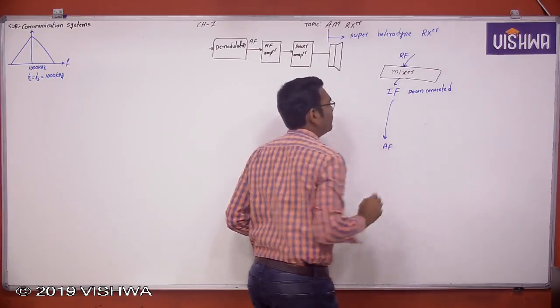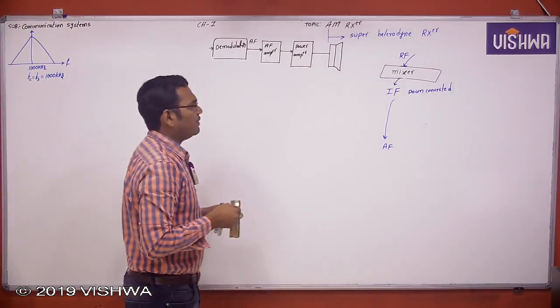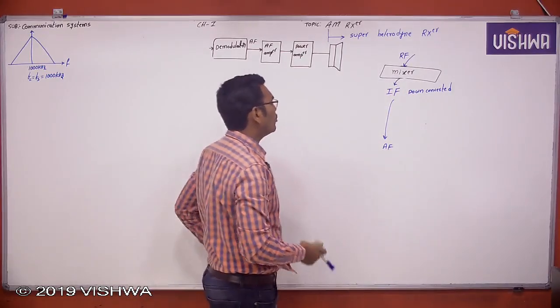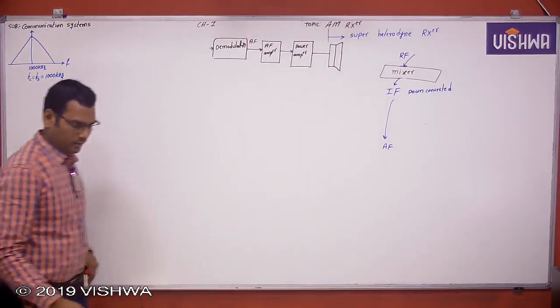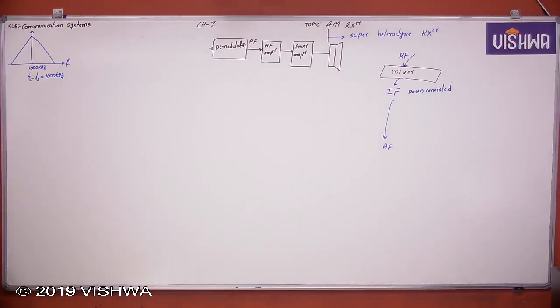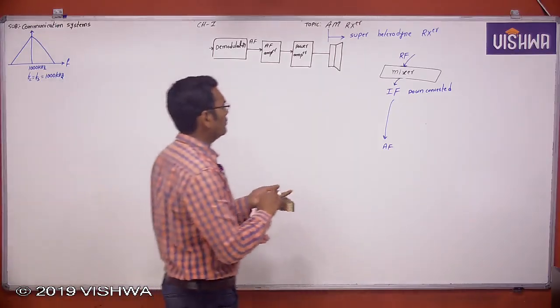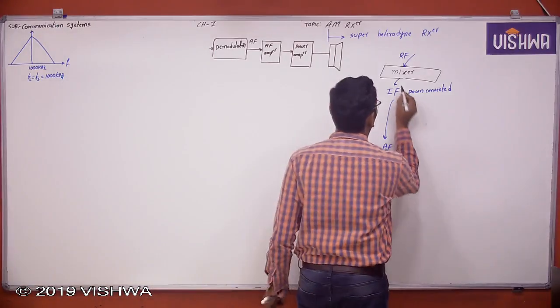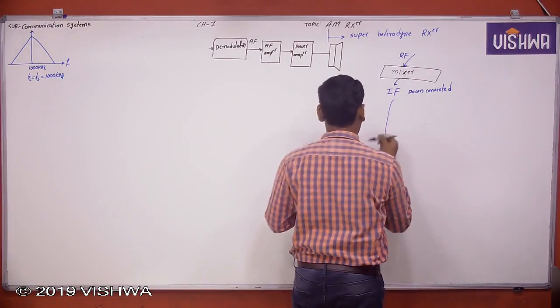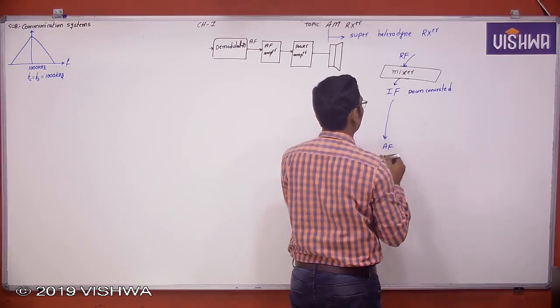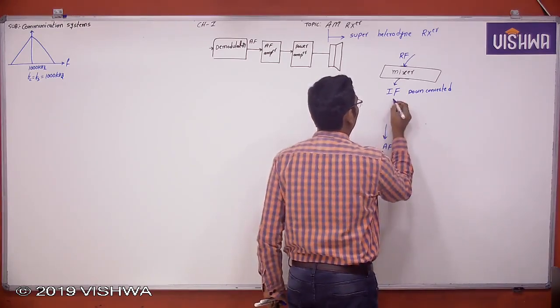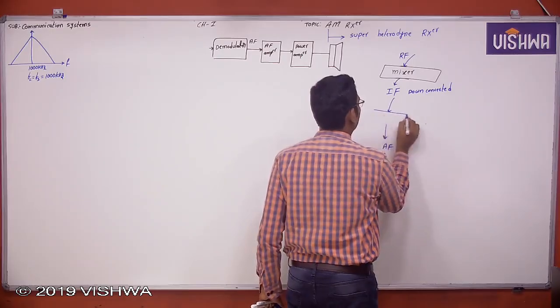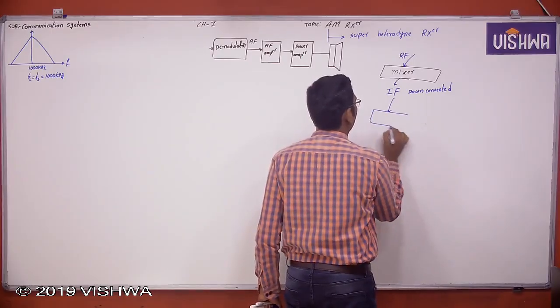Now this IF, the intermediate frequency, goes to the AF stage. This is nothing but the demodulator.